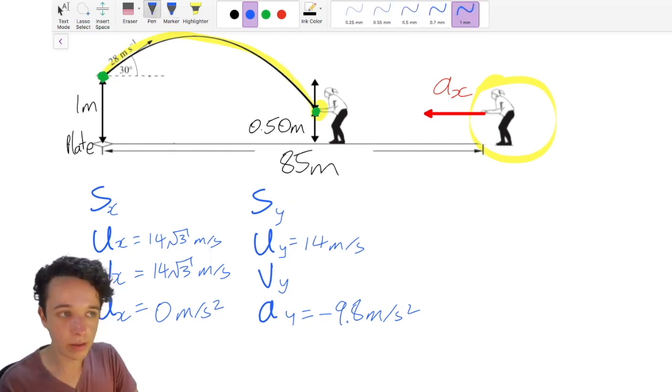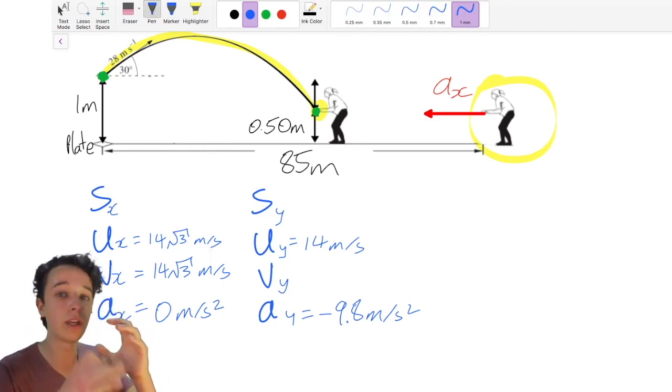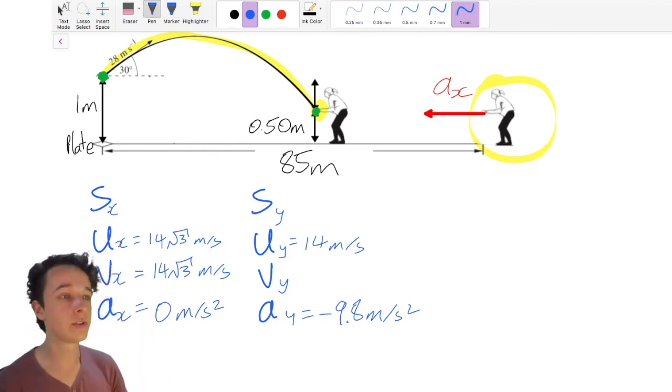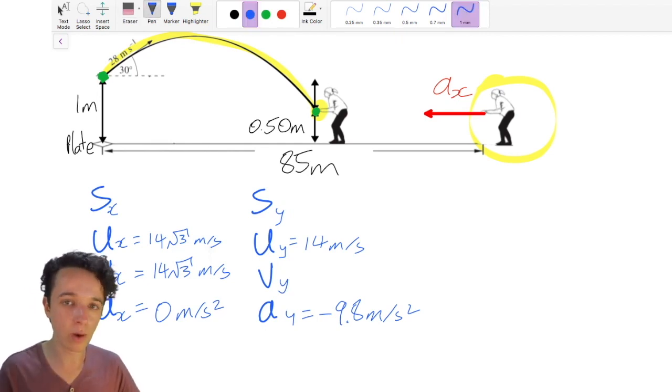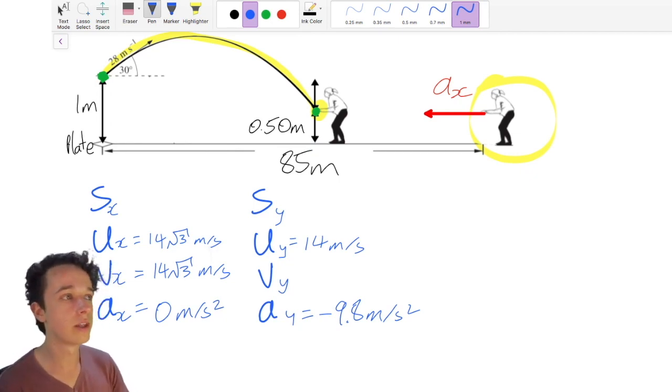Right now, the final position we're considering has the projectile half a meter above the ground. So you might be tempted to write 0.50 meters. That's not exactly correct, because although it is 0.5 meters above the ground, the ground isn't the reference point we're considering for displacement. If the ground was the reference point and you wrote 0.5, you'd be correct. The reference point is the initial position of the projectile.